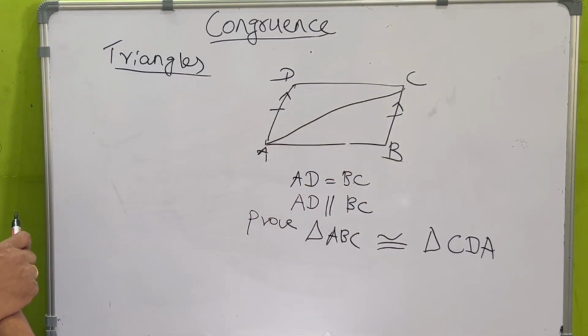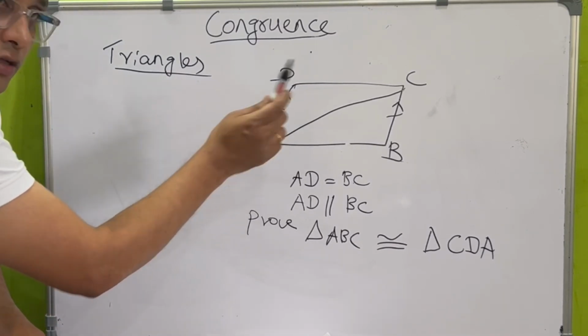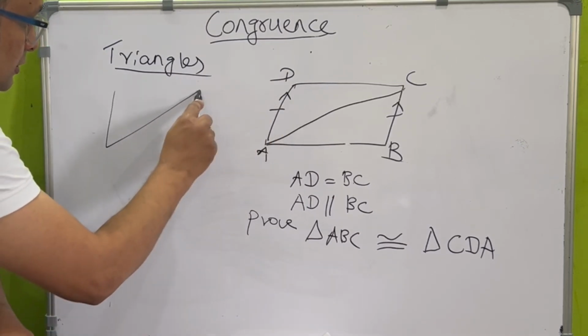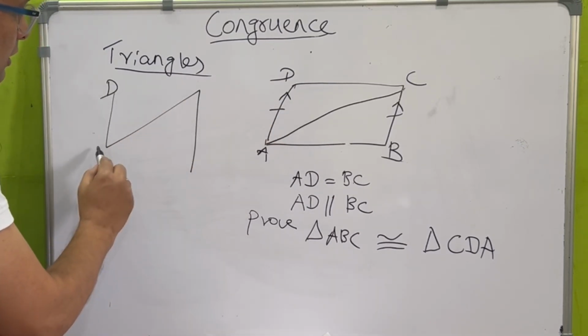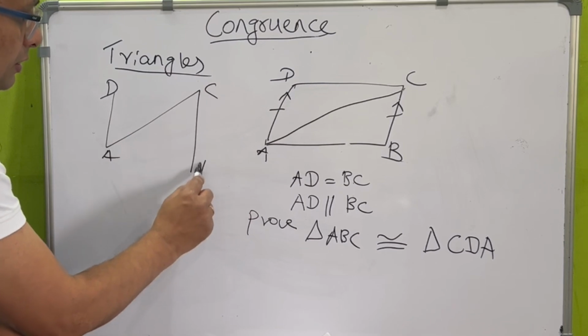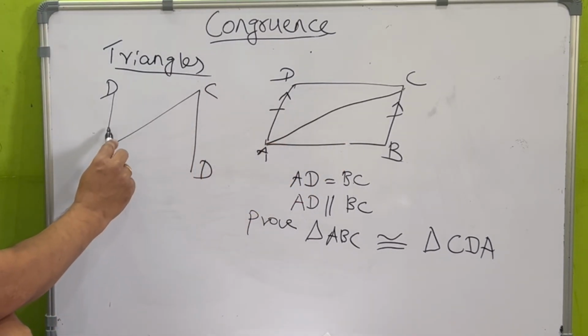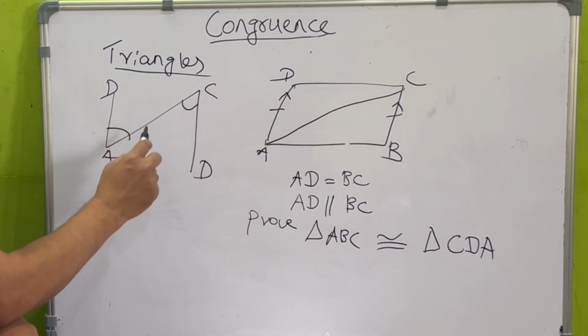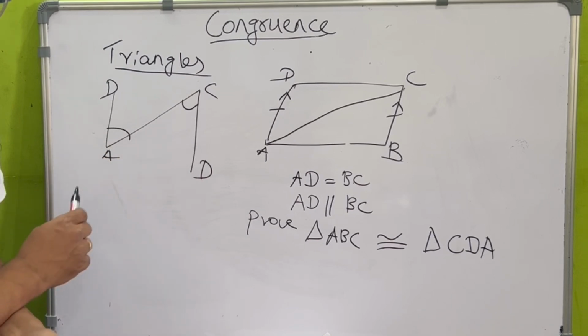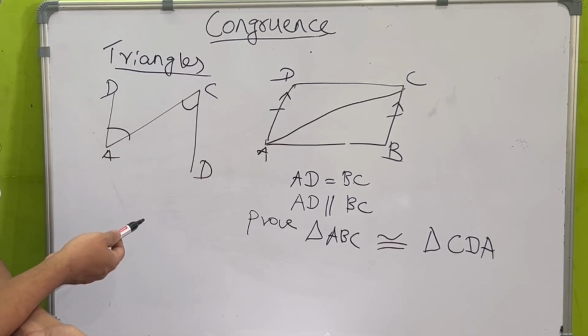So let's think about the four conditions. Let's try SAS, because if you see this, DACB, I just transferred it here. This angle is equal to this angle because we know that alternate interior angles are equal, right? We have studied this in previous classes.